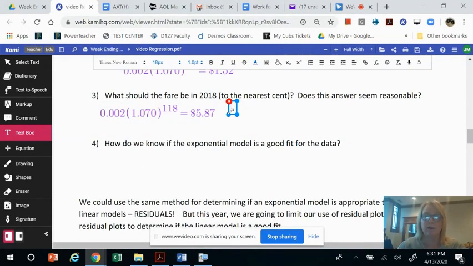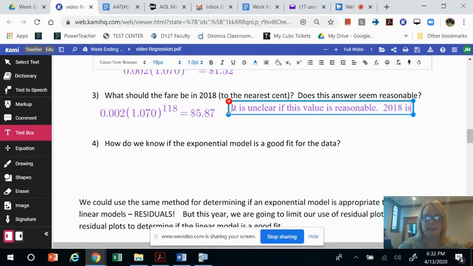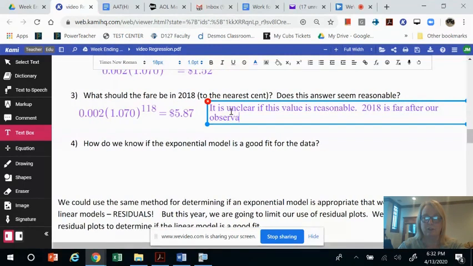So I'm going to say it is unclear if this value is reasonable. 2018 is far after our observations. We do not know that the model will still be valid.